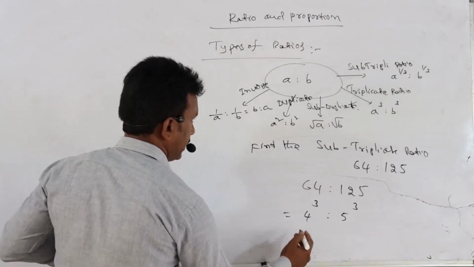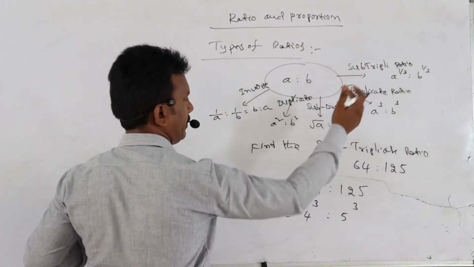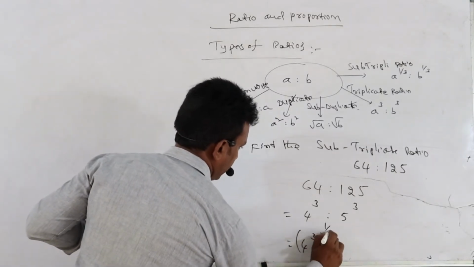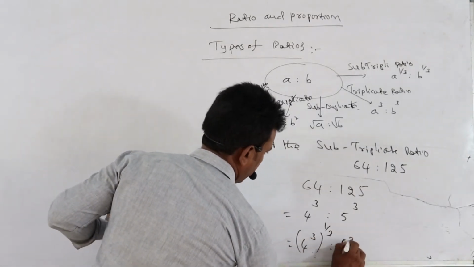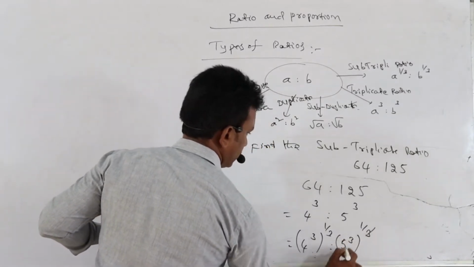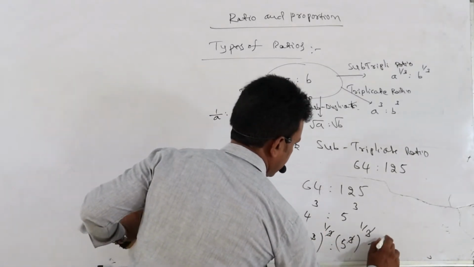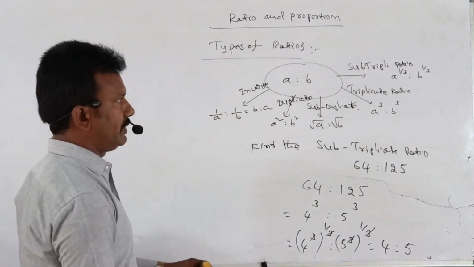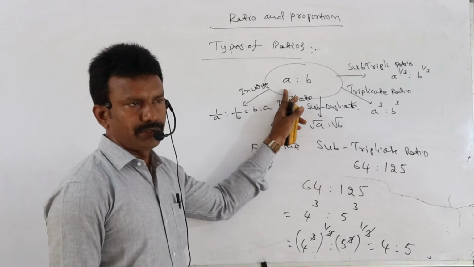Now applying the condition A power 1 by 3 and B power 1 by 3, that is 4 cube whole power 1 by 3 is to 5 cube whole power 1 by 3. So the 3 and 3 cancel, and we write 4 is to 5 as the subtriplicate ratio of our given ratio.